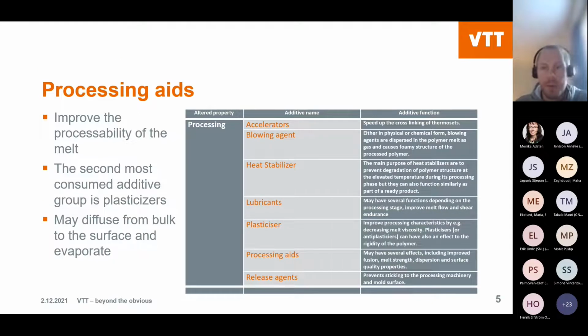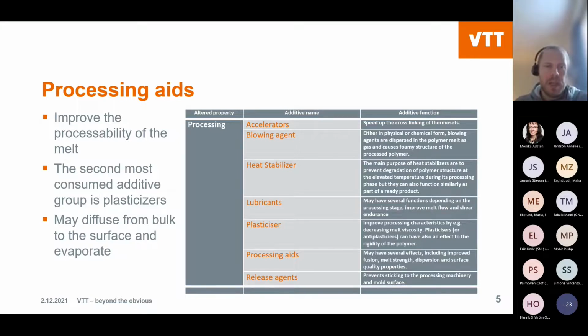I will go now into a bit more detail about what types of additives exactly are used. So the processing aids, as said, are used to improve the processability of the melt. And this group of additives is the second most consumed additive group.